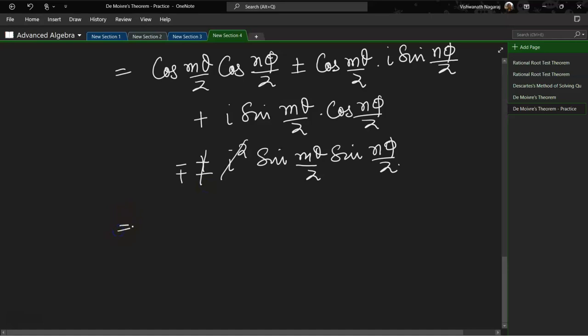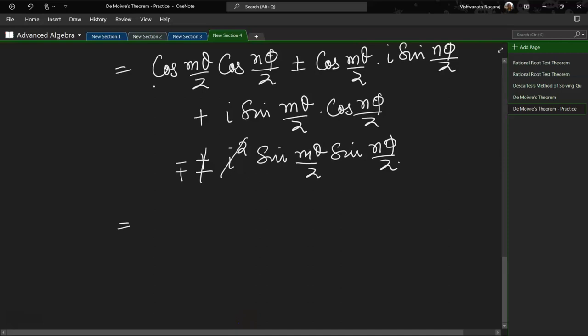So now what do I do here? Let's take the first term and the last term together: cos cos, sin sin. So this can be written as cos of (m theta by 2 plus n phi by 2).